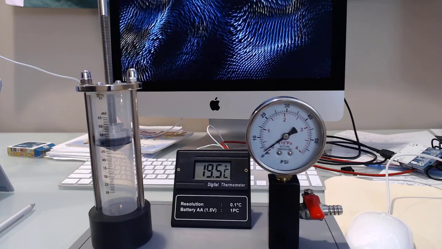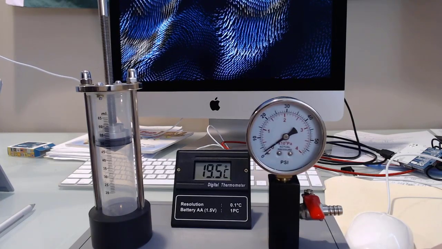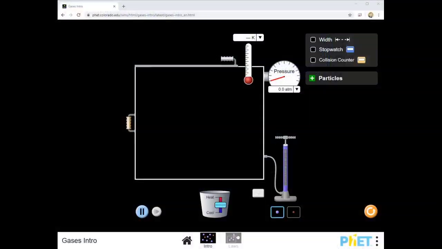What is air pressure? So I'm going to go to a simulation. All right. And in this simulation, what I can do is, so I have a container. This box represents a container, so it's like the cylinder in the demonstration I just did.